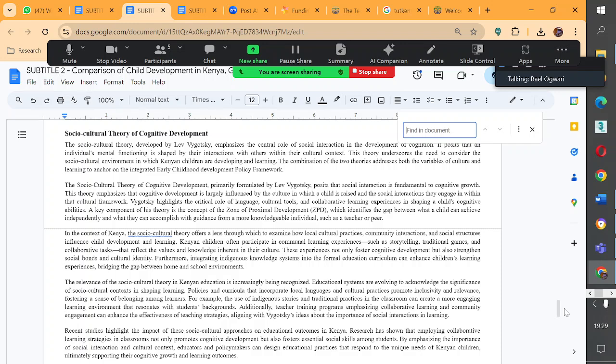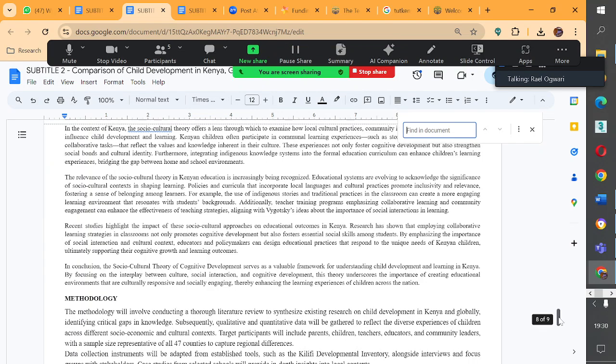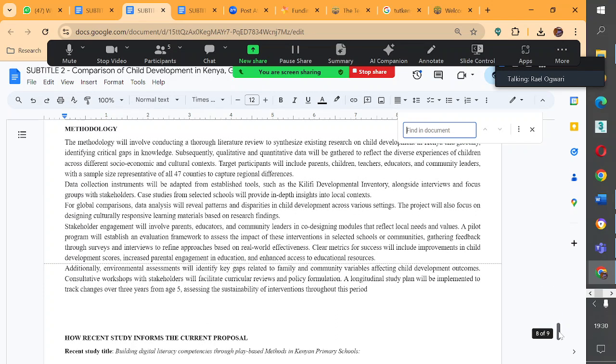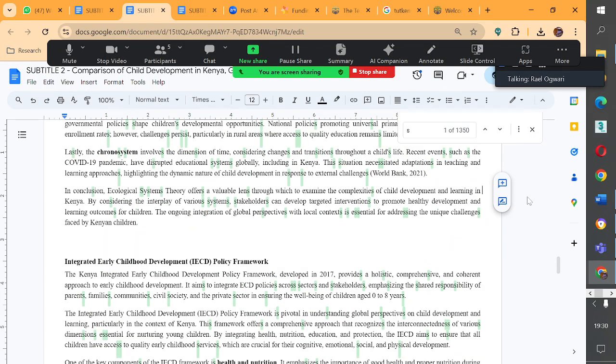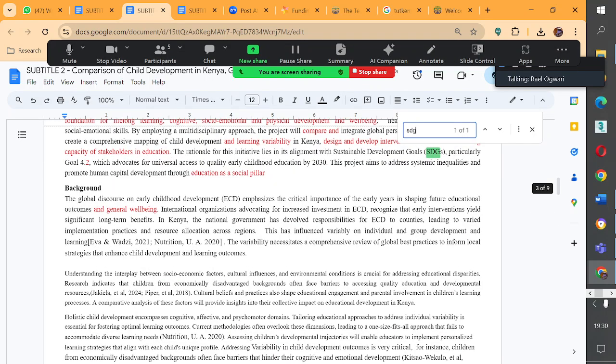And you see, just recognizing the global agenda, such as the SDGs, and of course the Kenya Vision 2030, and how this aligns to the significance of child development. In the SDGs, we have SDG 4.2 that focuses on equal access of all boys and girls to early childhood education. So that is what I can say, but I think most of the things have been said by Martin. Thank you.